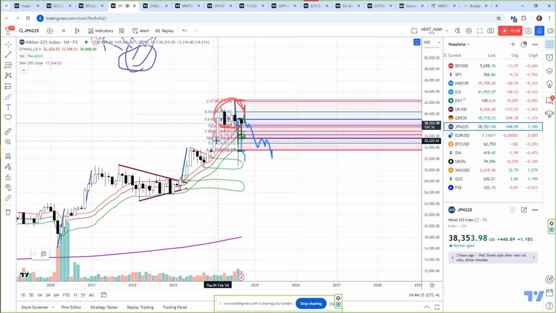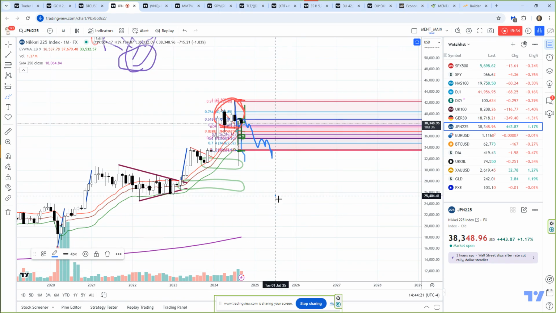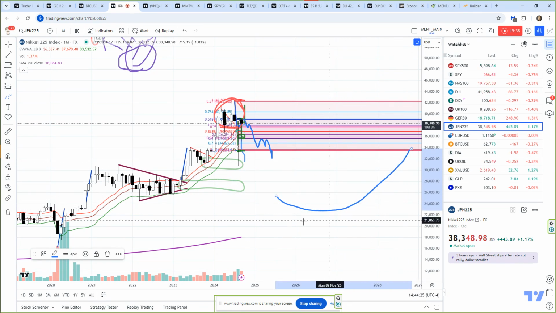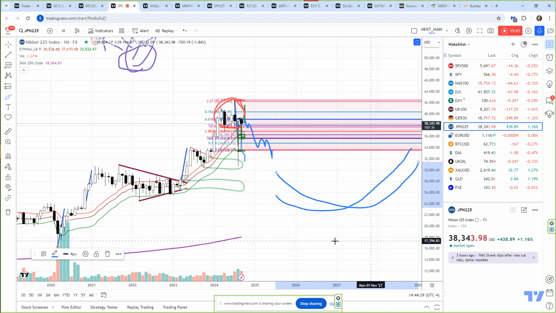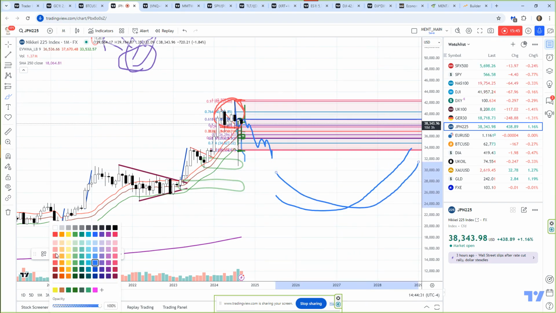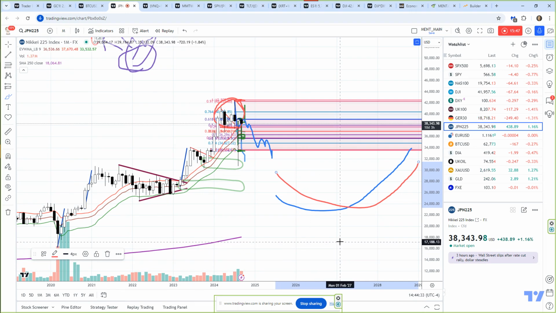Now, what does an organic basing pattern look like? It basically comes to a point where all markets have reached a point of equilibrium where they begin to rally on their own in an organic mode, meaning without moderate stimulus, and continue to grow.